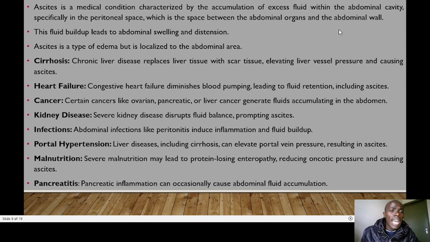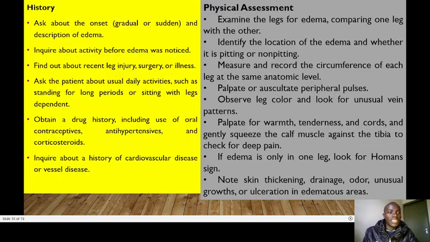So this build up normally leads to abdominal swelling and distension. So ascites is a type of edema but is localized to the abdominal area. Major causes could be cirrhosis, heart failure, cancer, kidney disease, infection, portal hypertension, malnutrition, and pancreatitis.